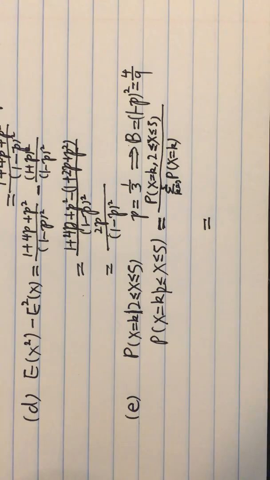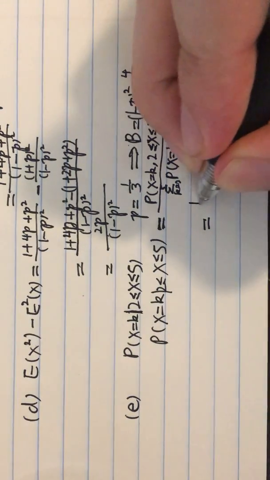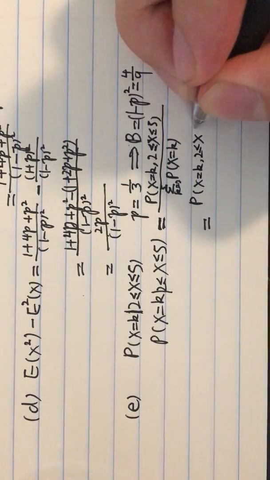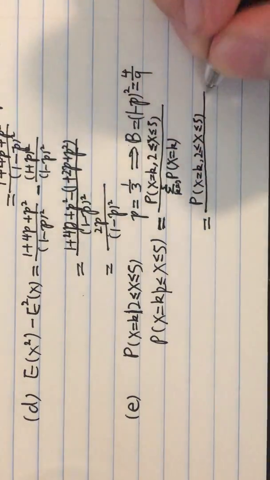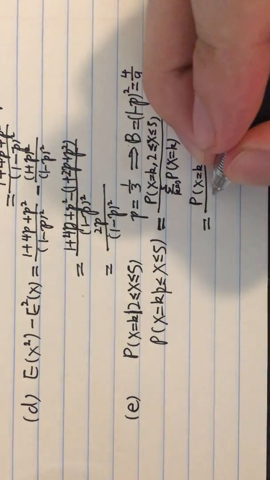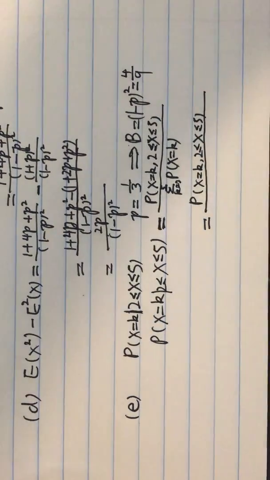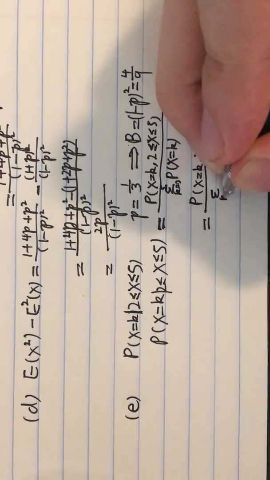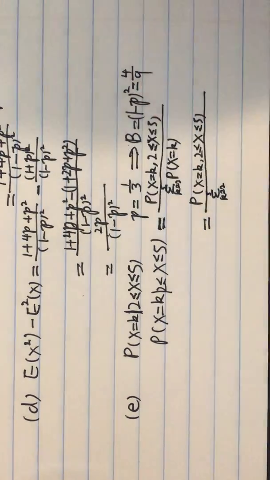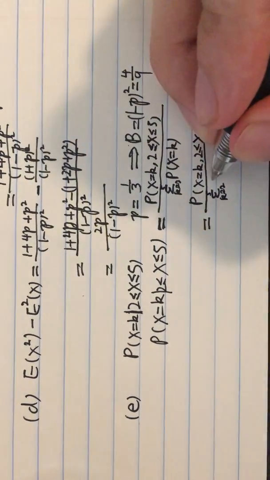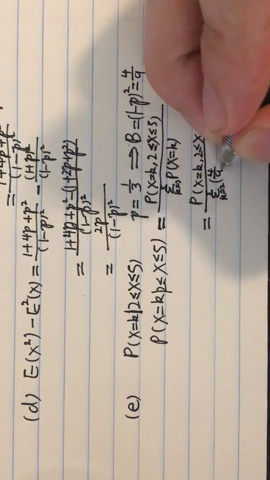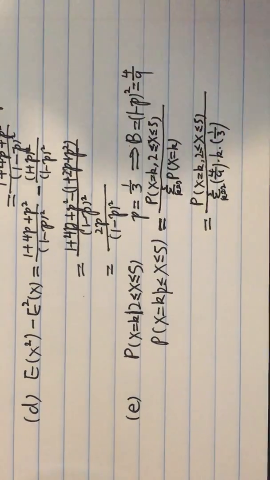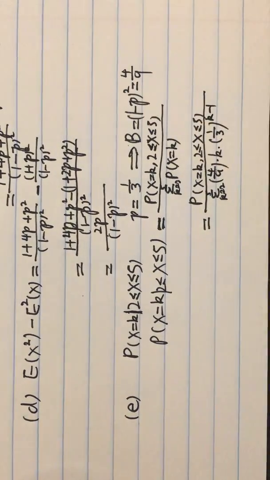The top side is still like this, and the bottom side should be the sum for k from 2 to 5 of 4/9 times k times 1/3 to the power of k minus 1.